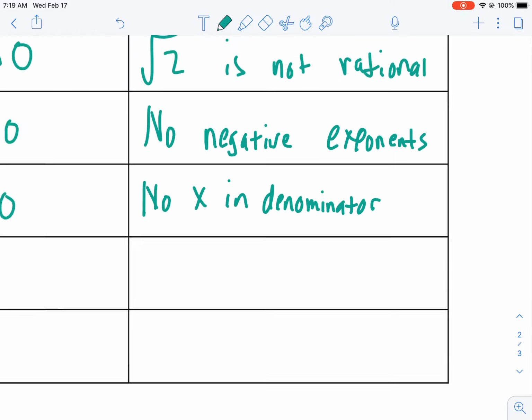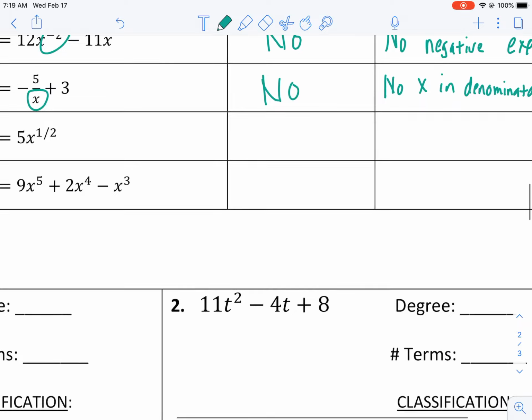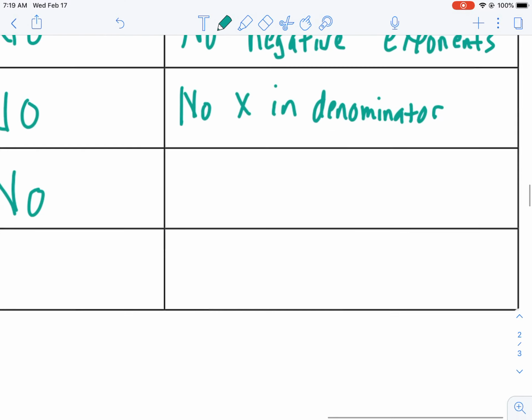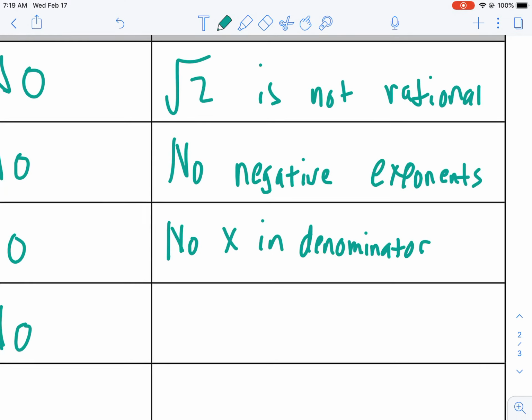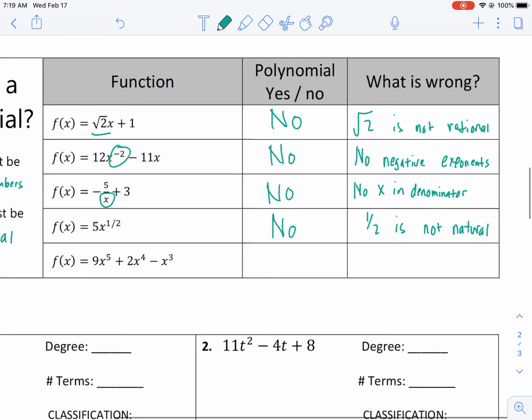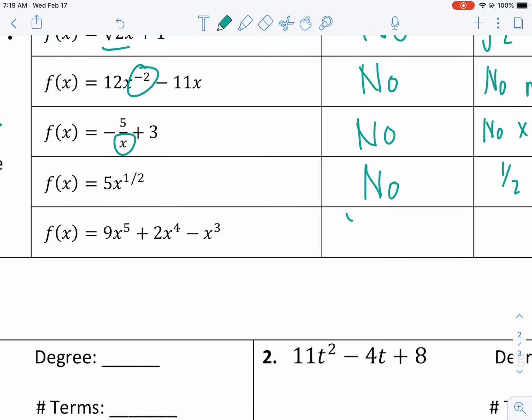We don't want an x in the denominator. Here, this is also no. 1/2 is not a natural number, so no fraction exponents. And finally, yes. This is nice. This is what we want to see.